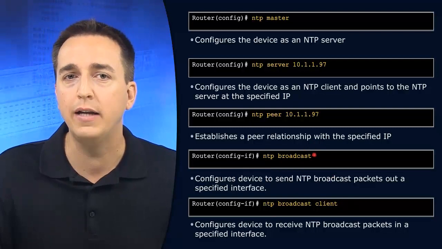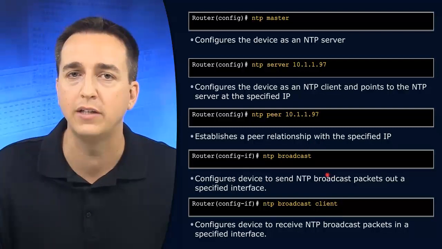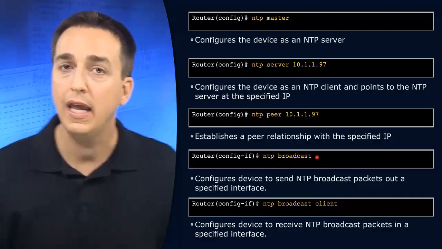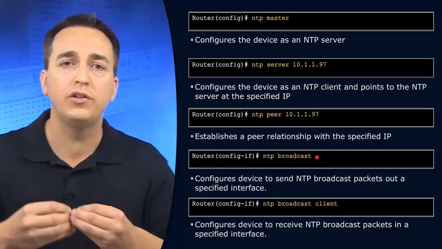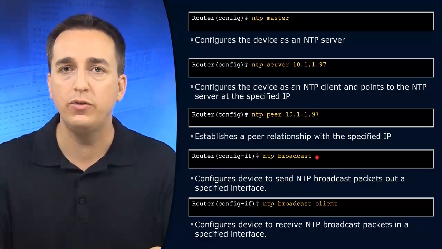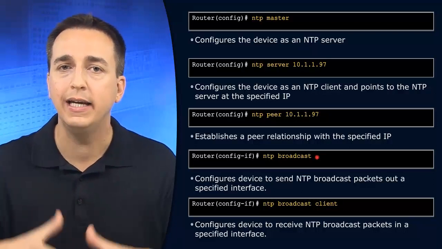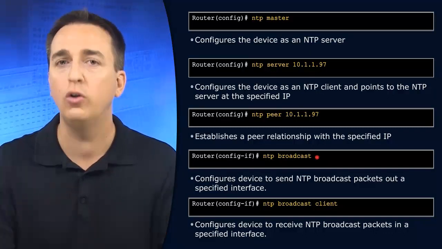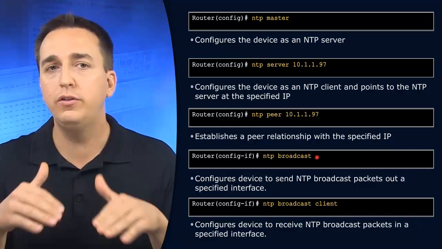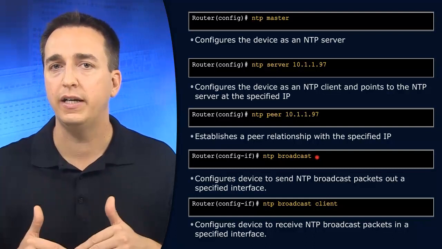These two commands are rather interesting here. The NTP broadcast command and the NTP broadcast client. What do they do for us? Well, the NTP broadcast command is designed for us to send out NTP packets as broadcasts to the local area network. So we do this command on a specific interface.